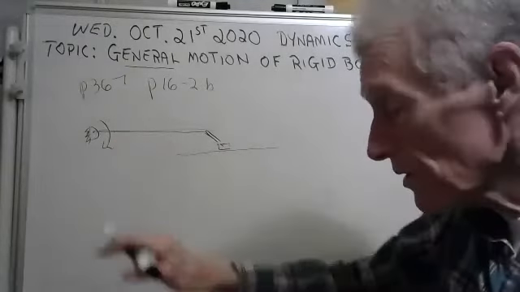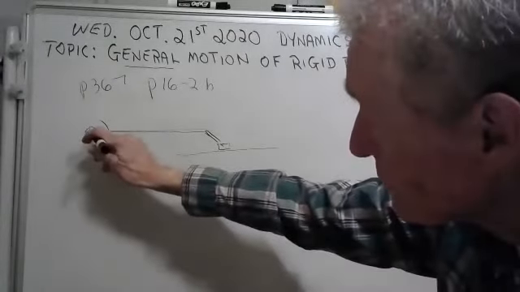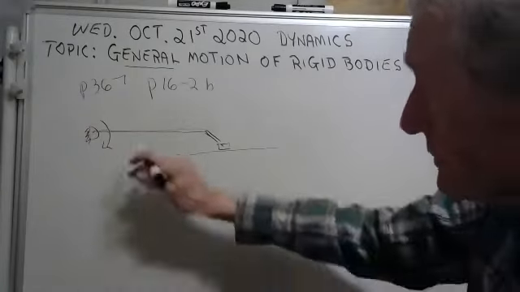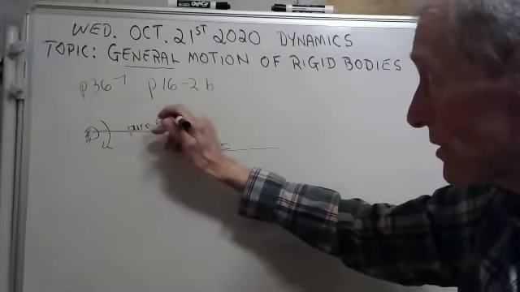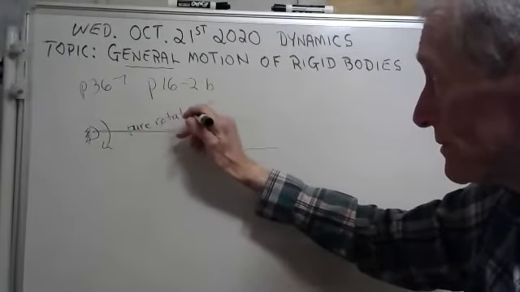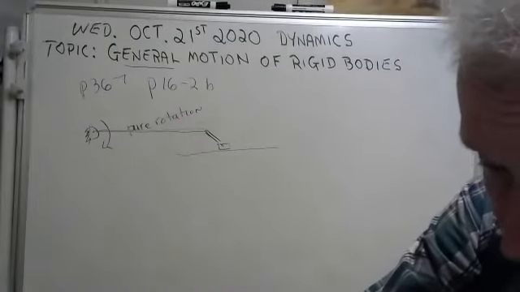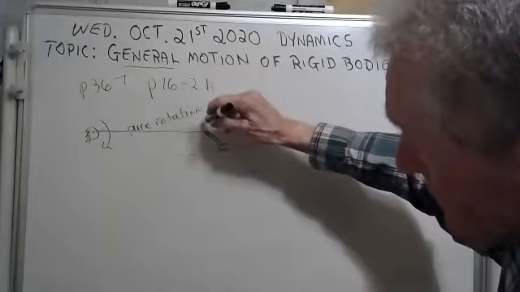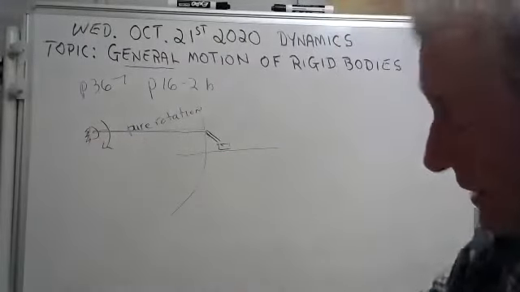This rotating rod is in pure rotation. It's rotating about this smooth point here. It's pure rotation. Let me write that. Pure rotation. In fact, it's going in a big circle, a great big circle, you know, it's going around that point that it's rotating about.